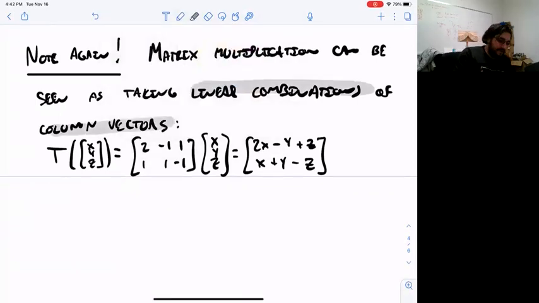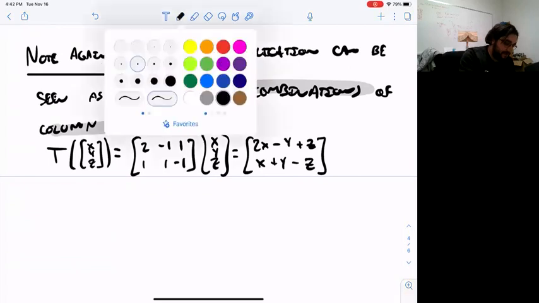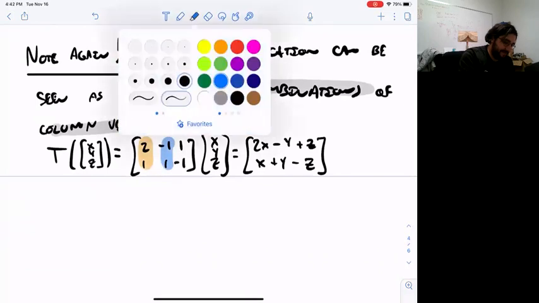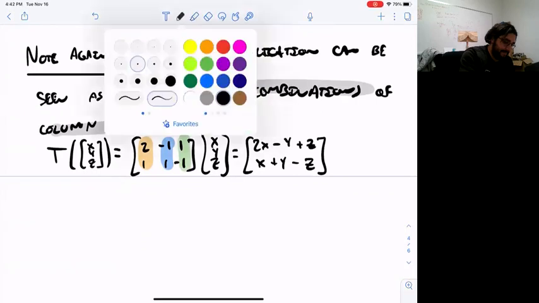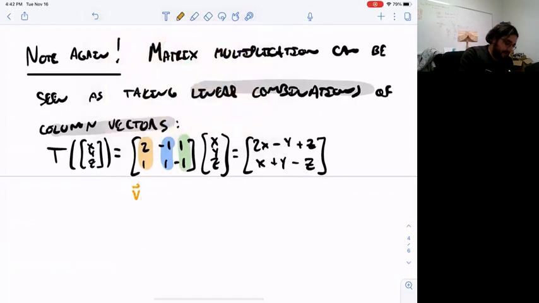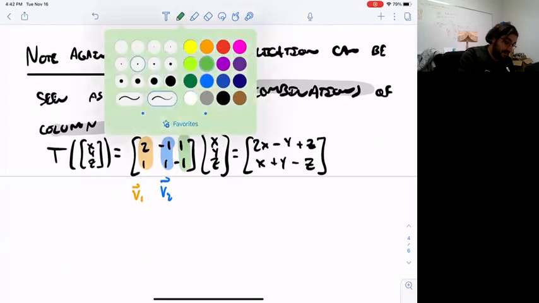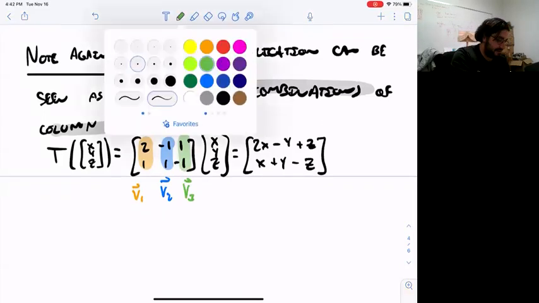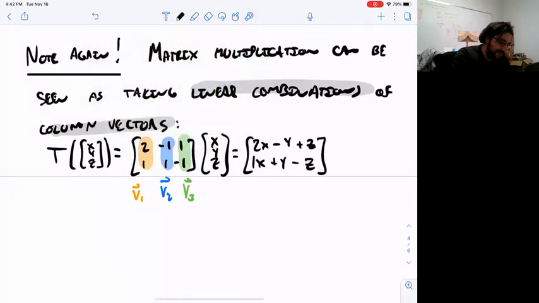So what do I mean by column vectors? Well, I mean these columns right here. Think of these as column vectors, V1, V2, and V3. Think of those as column vectors, and look what's right next to it. Kind of helps if you put the ones there, to make it a little more apparent.